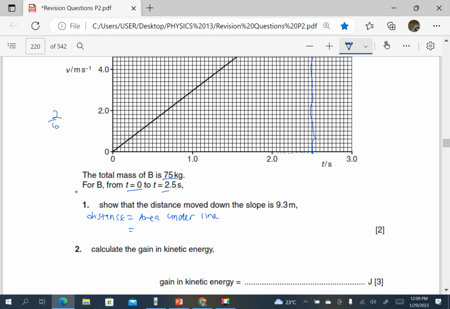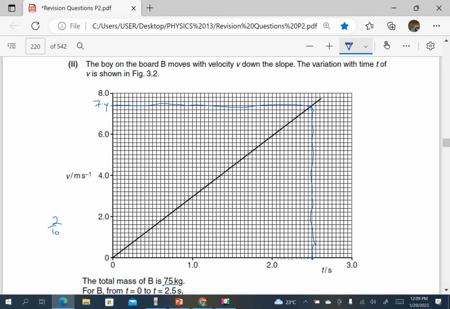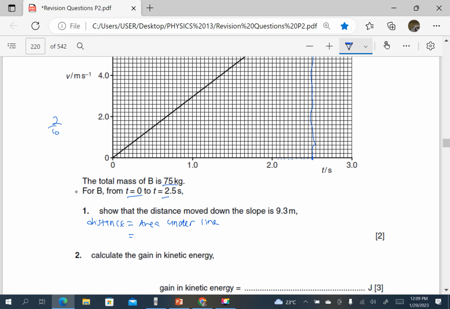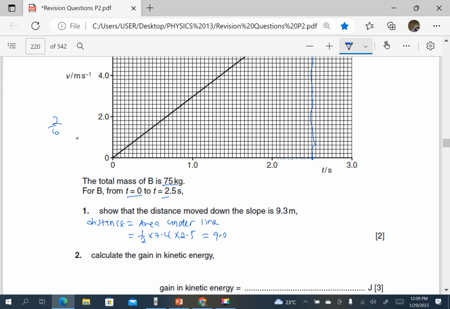So on the vertical, we have seen that is 7.4. On the x-axis, it is 2.5. So this is going to be a half times 7.4 times 2.5. A half is 0.5 times 7.4 times 2.5, which gives us 9.25. That is approximately 9.3 meters.